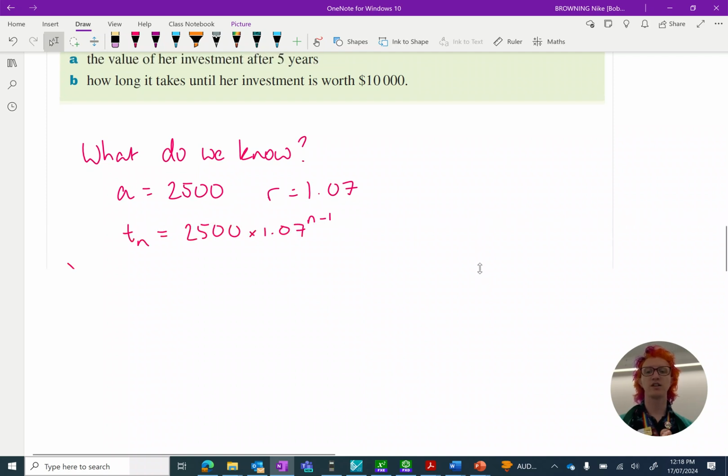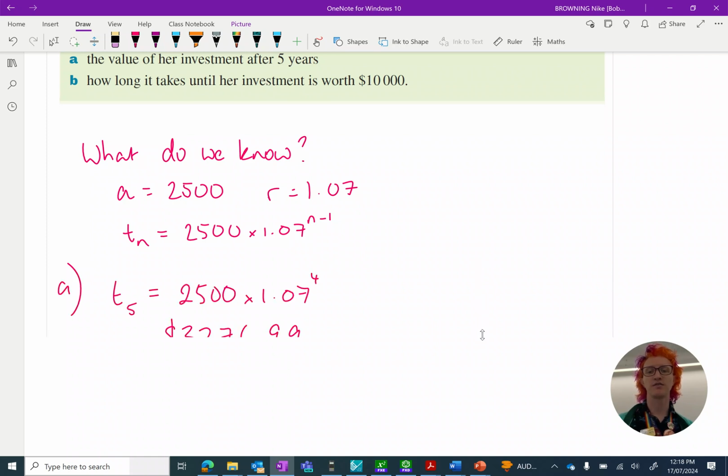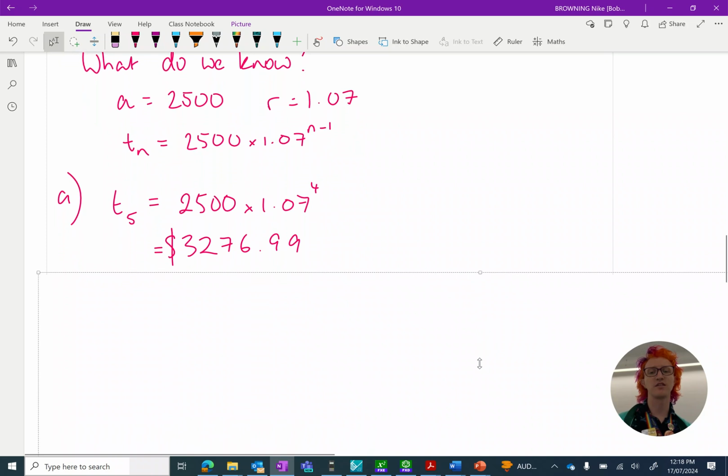We can plug those in, so t_n equals 2,500 times 1.07 to the power n minus 1. After 5 years, T5, 2,500 times 1.07 to the power 4. In your calculator, $3,276.99.